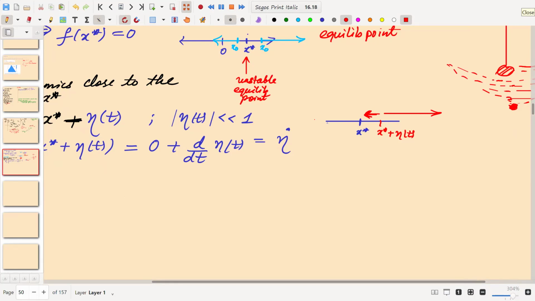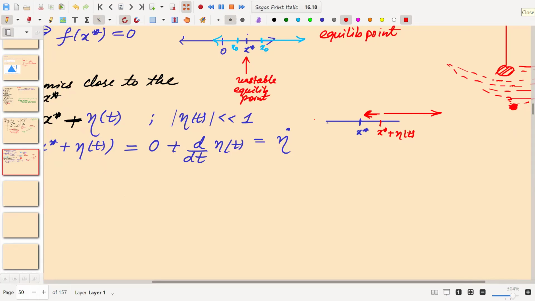So x dot equals f of x. To compute the equilibrium point, you do f of x star equal to 0. So you get x star. Now how will you understand if x star is stable or not? You cannot always see graphically, because there might be some complicated function. So you have to derive a condition under which an equilibrium point is stable or unstable.